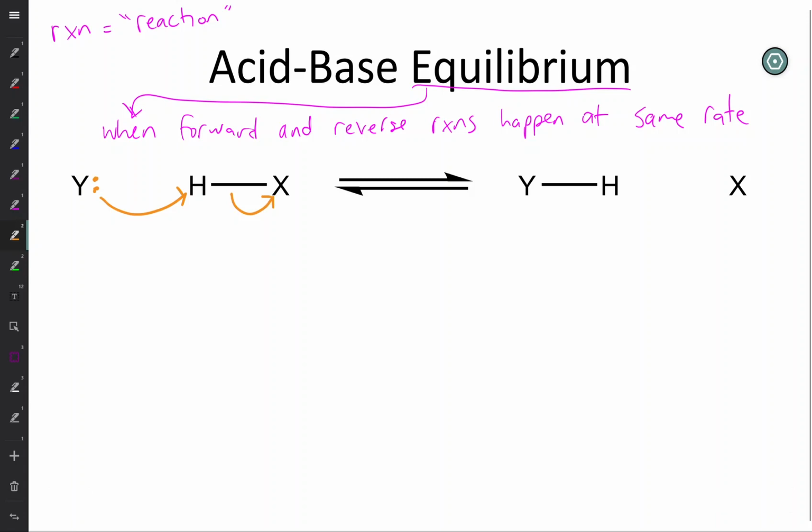So in this case, my forward reaction would be if Y shares a lone pair with H, breaks the HX bond.